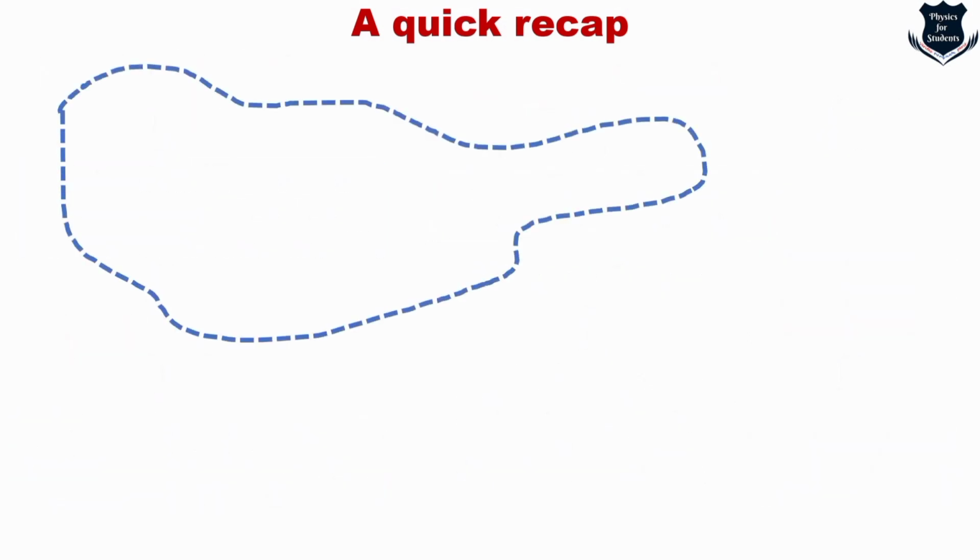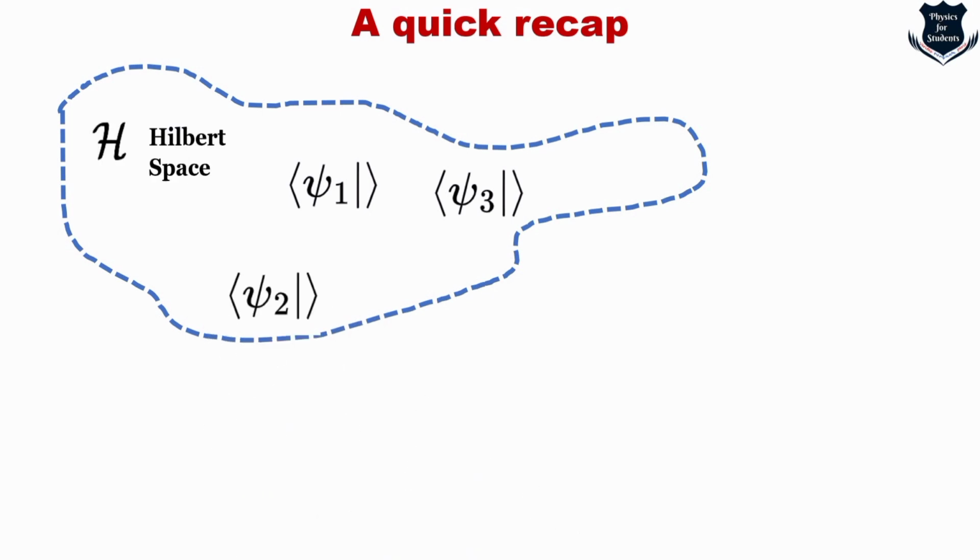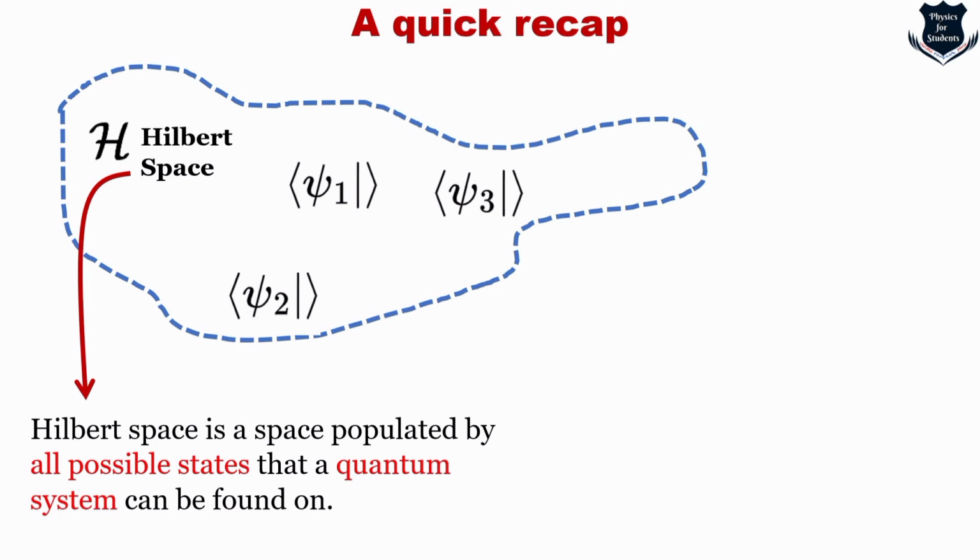Okay, so in the earlier video, where we ended, you have seen that these are the possible states, and we can imagine this blue one to be a Hilbert space. Hilbert space is a space populated with all possible states that a quantum system can be found in. And what is a quantum system?